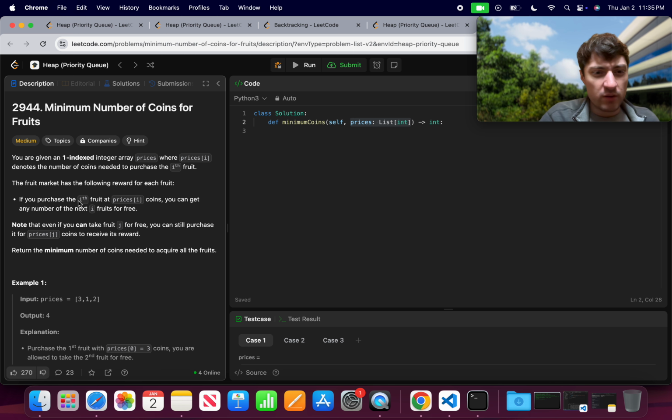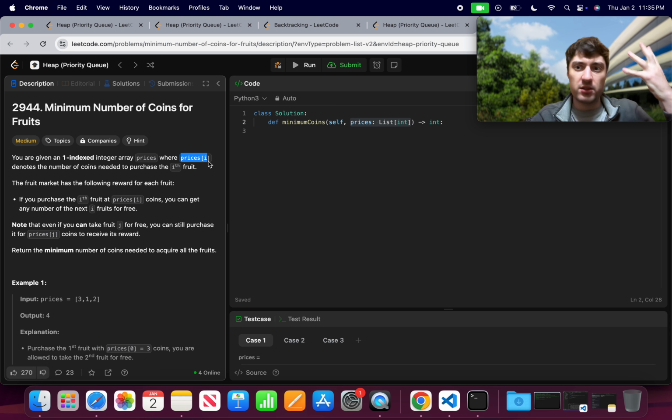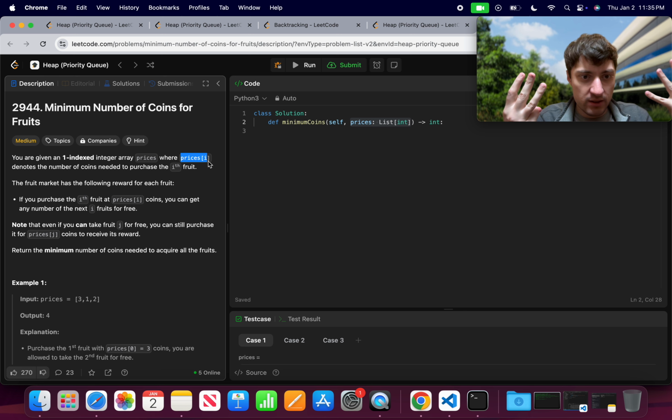So, if you purchase the ith fruit, so a single fruit at index i, which has the price, so let's say that index i is 3, the third index, contains an integer which is 5. So if I have like 10 coins, I can purchase index 3 with 5, and now I still have 5 coins left. Okay, so I purchased index 3.